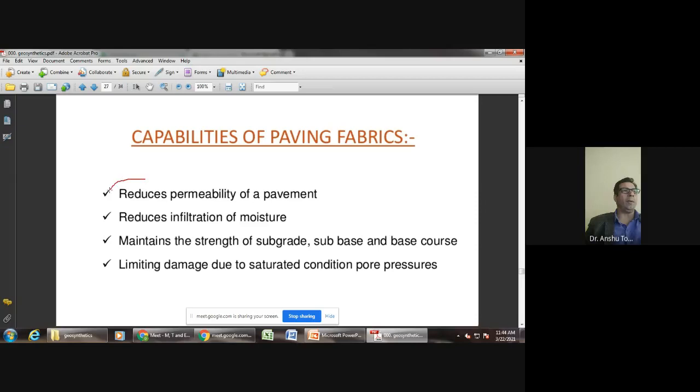Capabilities of paving fabrics: they reduce the permeability and reduce infiltration of moisture.